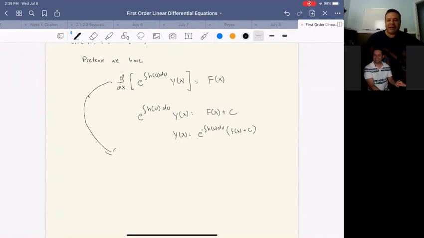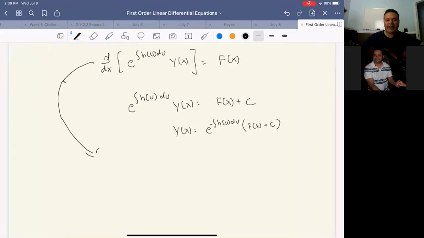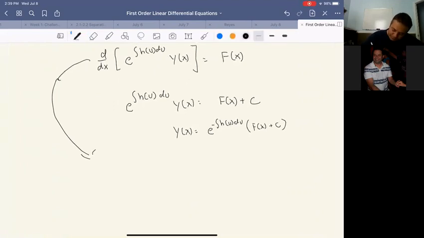Let's just take that side. If we take that side, we're going to get h of u times e to the integral of h of u du times y, plus e to the integral of h of u du times y prime, equals f of x.